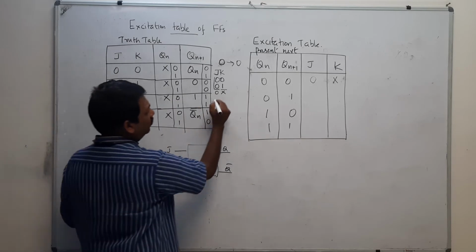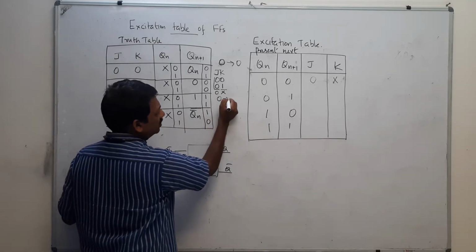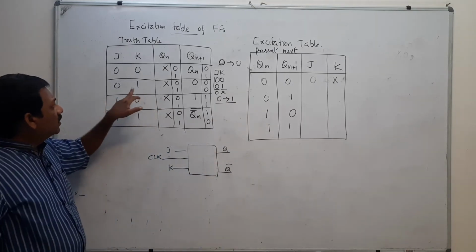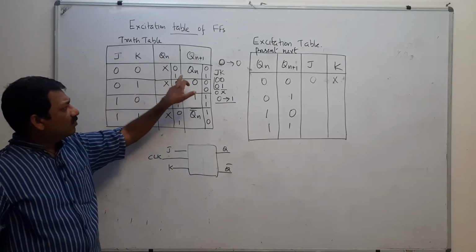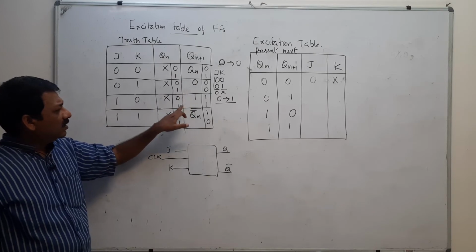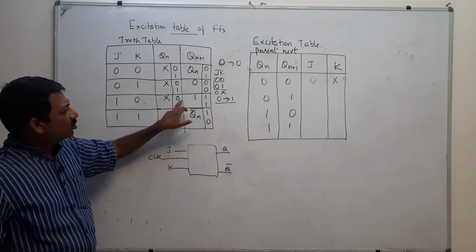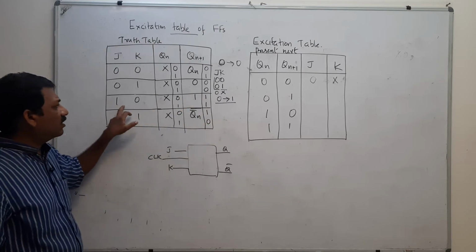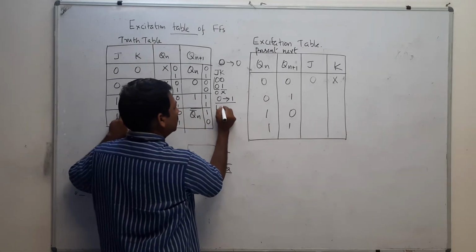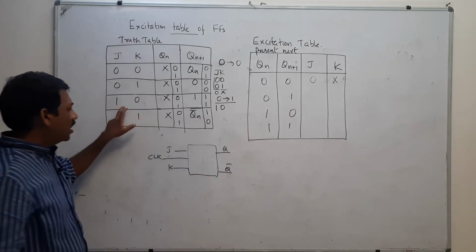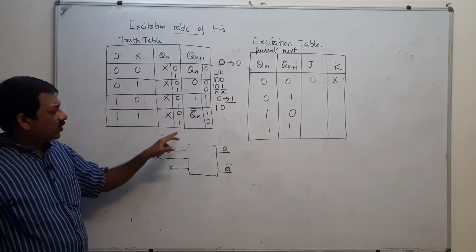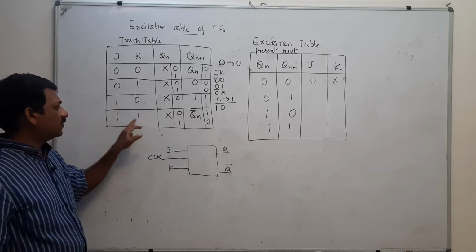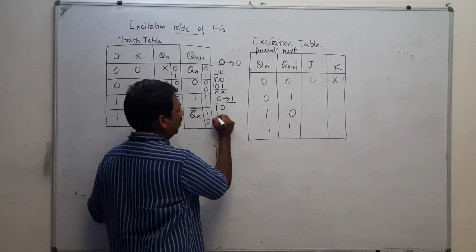For 0 to 1 transition, what is the value of j and k? Here 0, 0, 1, 1, there is a 0 to 1 transition. In that case, the value of j and k are 1 and 0, 1, 0, and here also you have a transition from 0 to 1. In that case, this is 1, 1. That means 1, 1.